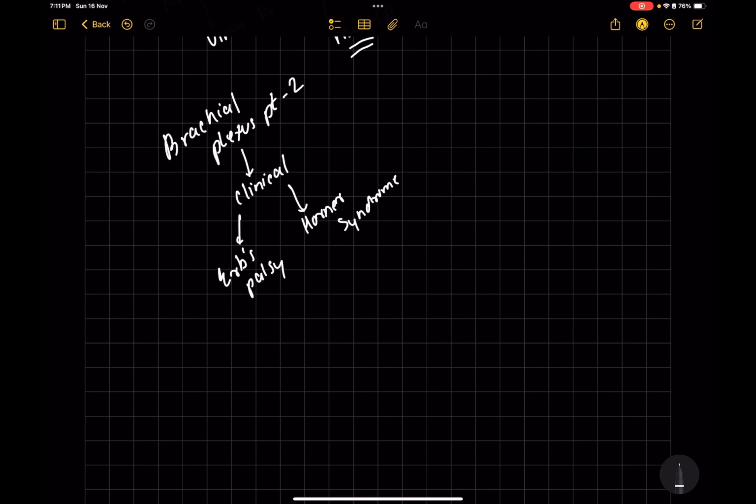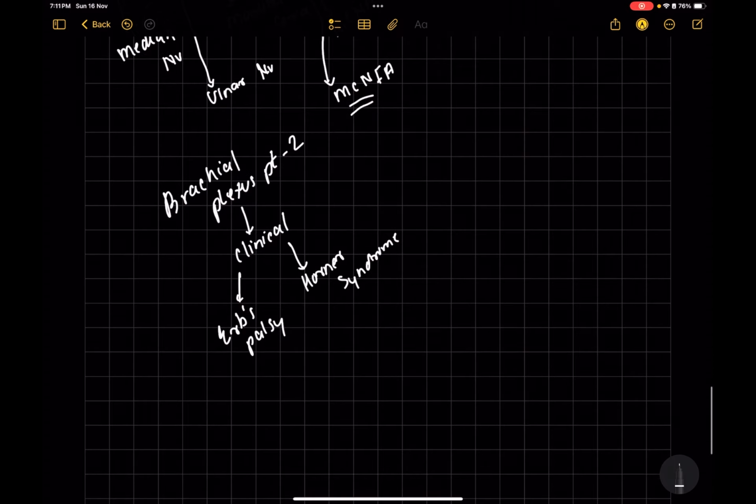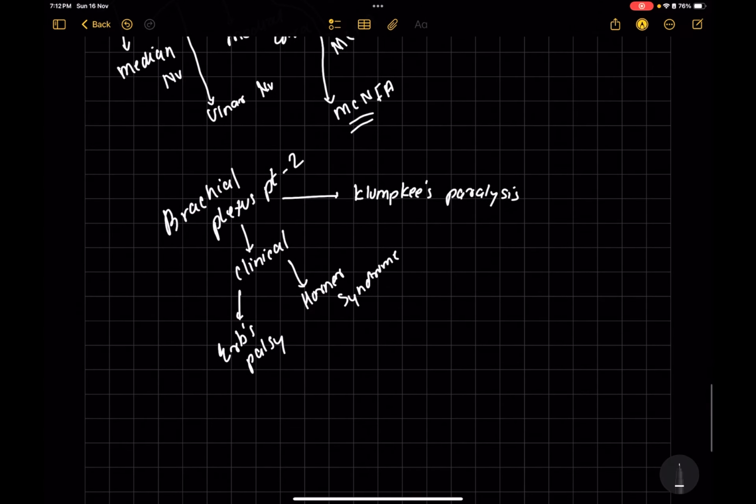But they only ask it as a 2-marker question: what is Horner syndrome, what are the symptoms seen in Horner syndrome. And Klumpke's paralysis. In brachial plexus part 2, I am going to cover its clinical or applied portion.